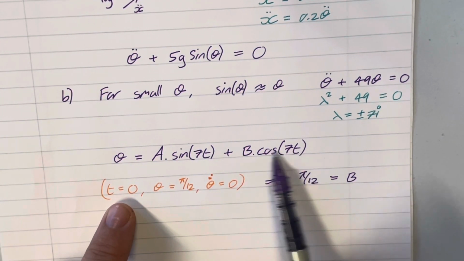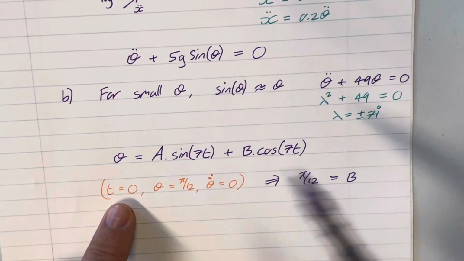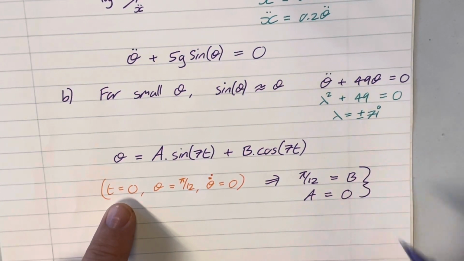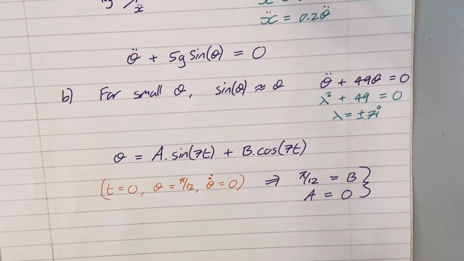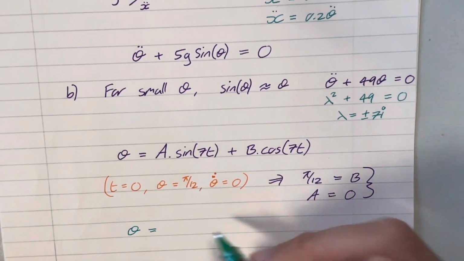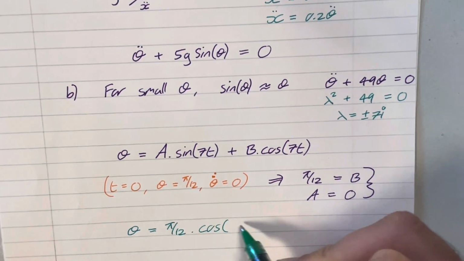So that's going to disappear when I plug in t as 0. And I'm going to end up with 7a equals 0, which means a equals 0. So those are my particular values for my arbitrary constant in this case, which means then my particular solution is theta is equal to pi on 12 times the cosine of 7t.